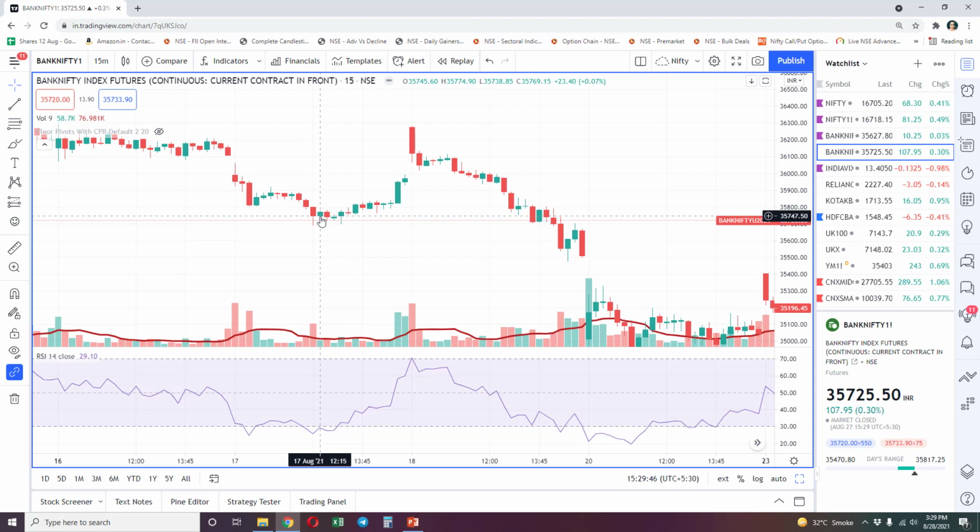Now the market goes into a consolidation phase, and then you see this candlestick pattern at 1 o'clock, which is a clear bullish hammer. After that you see that the market starts rising consistently. So this candle signifies that the bulls have taken charge and the downtrend is finished.